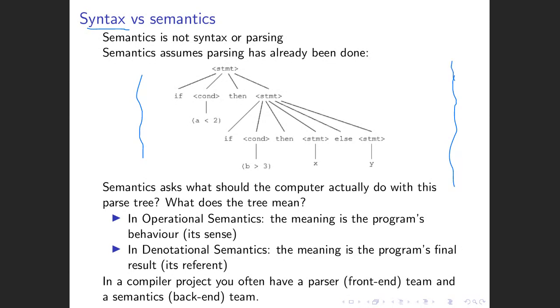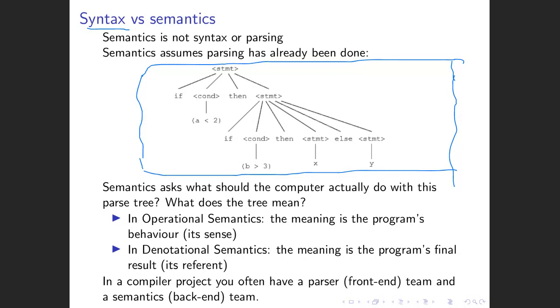How are you going to either interpret the language in real time, or if you're doing a compiler, turn it into assembly code to have that same behavior? So what does this tree actually mean? Beyond being a grammatical description, what does it mean in terms of describing the behavior of a computational system?